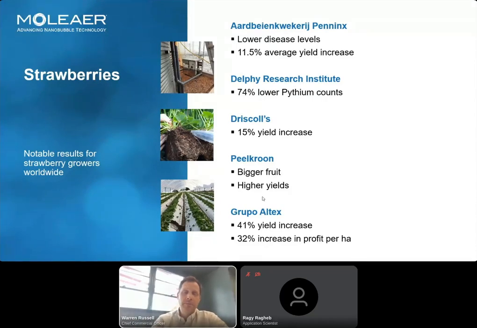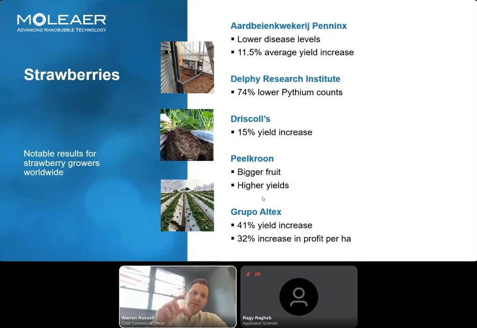As a company, we make it a practice not to sell on the promise of yield improvement, although, as anybody who is a grower and understands agronomy and plant physiology knows, the simplicity of addressing these root elements of plant growing will consequently result in better plant growth and better yields.